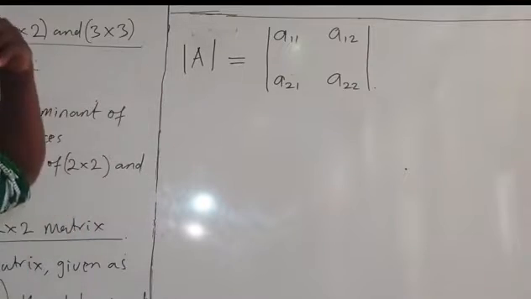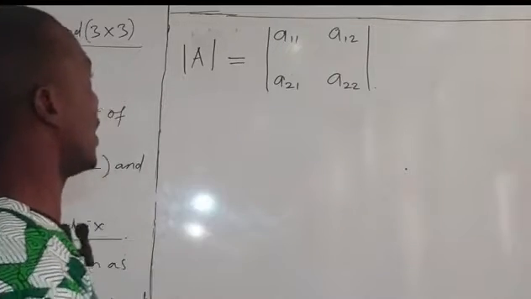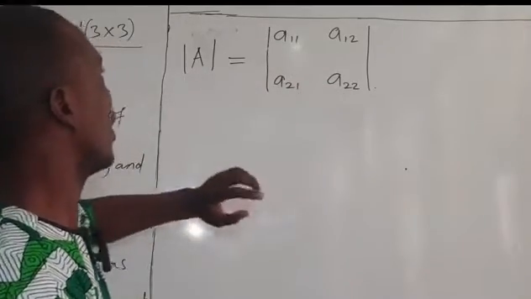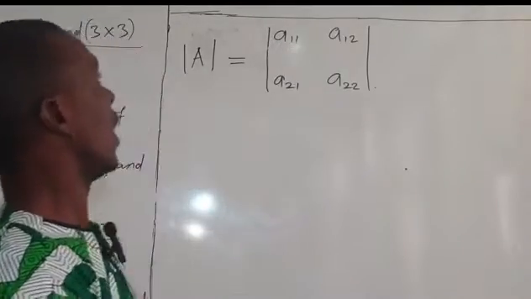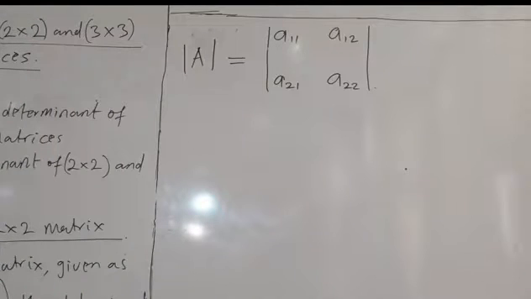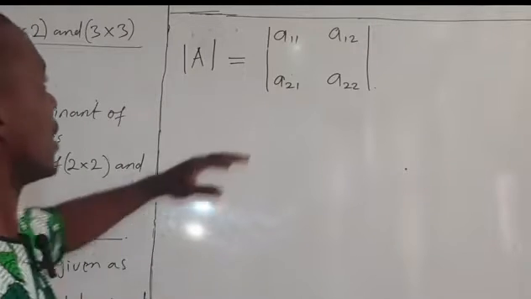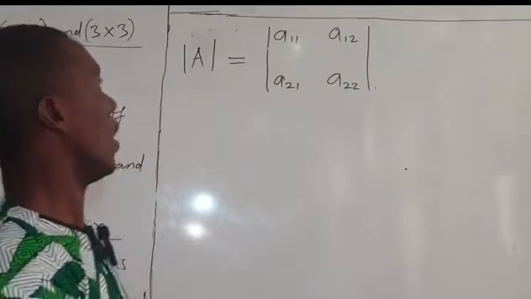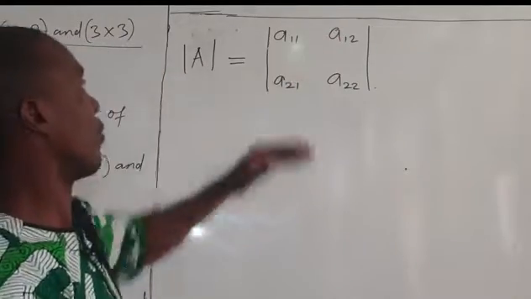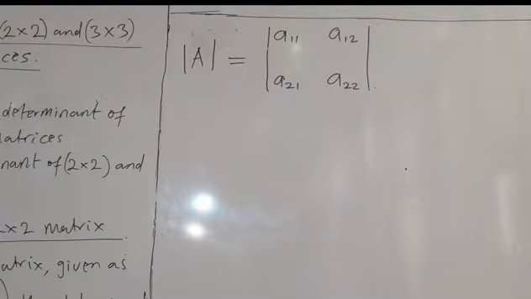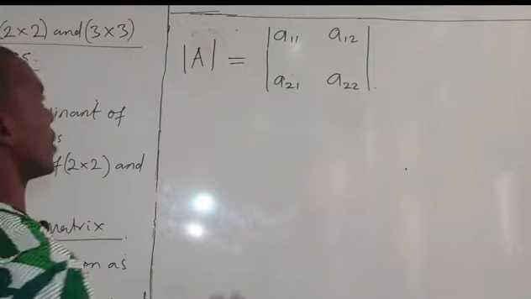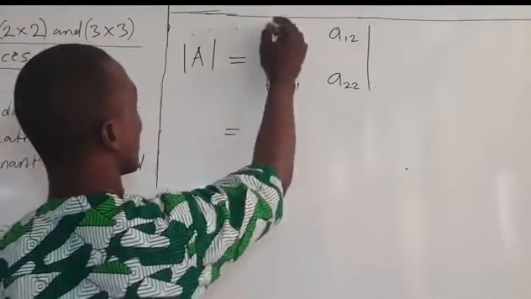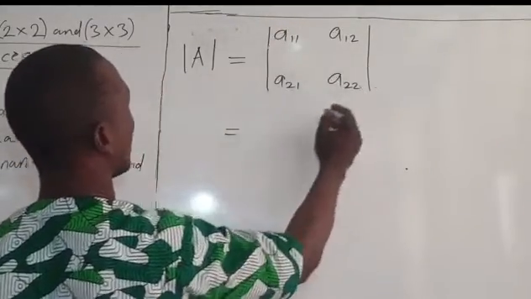To simplify this, we are going to multiply the elements in the principal diagonal together. Then we multiply the elements in the other diagonal. Then we subtract the multiplication of the elements of the other diagonal from the multiplication of the elements in the principal diagonal. So we have A11, which is on the main diagonal or principal diagonal.